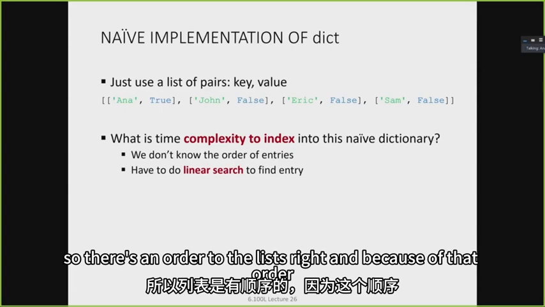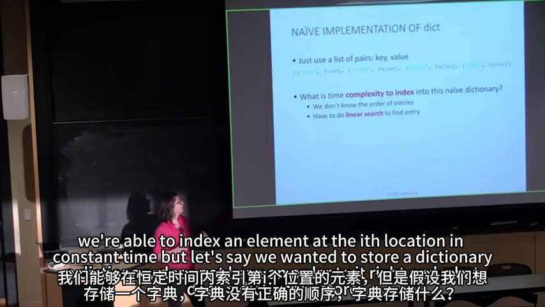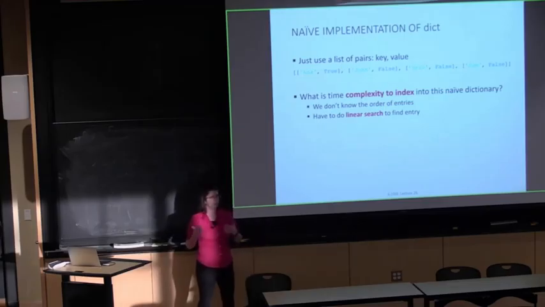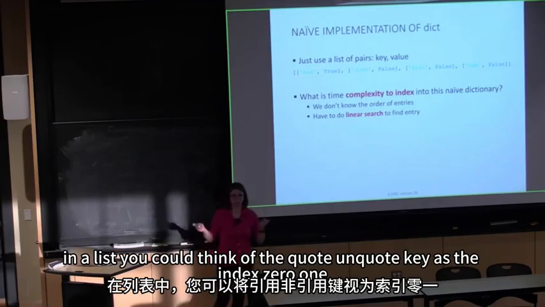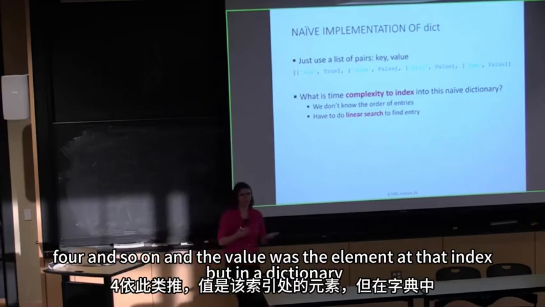And because of that order, we're able to index an element at the ith location in constant time. But let's say we wanted to store a dictionary. A dictionary does not have an order to it. And what does a dictionary store? It stores a key-value pair. In a list, you could think of the quote-unquote key as the index, 0, 1, 2, 3, 4, and so on. And the value was the element at that index.